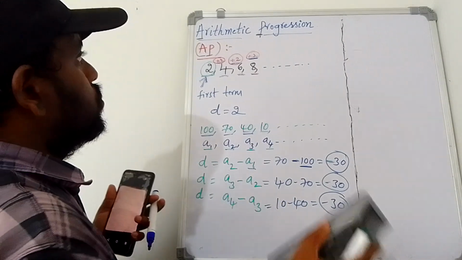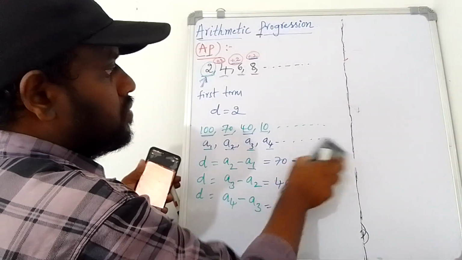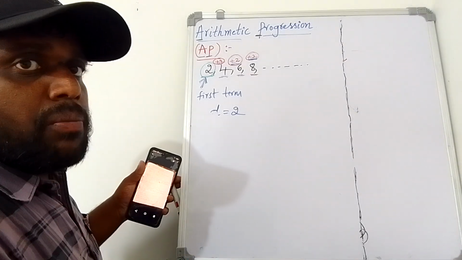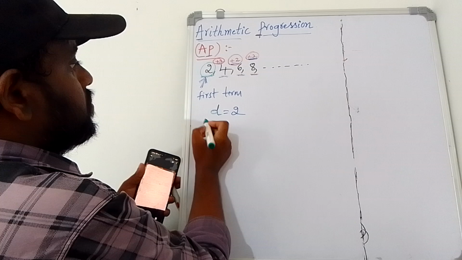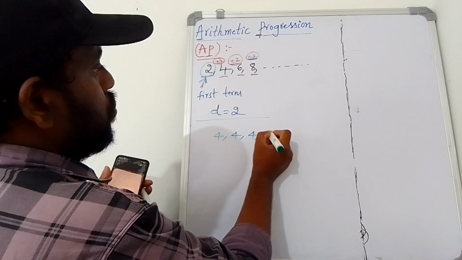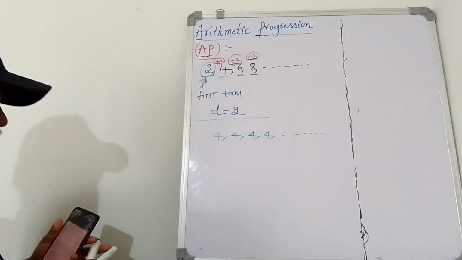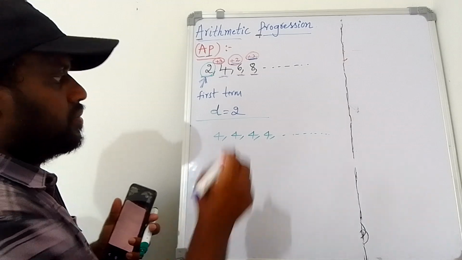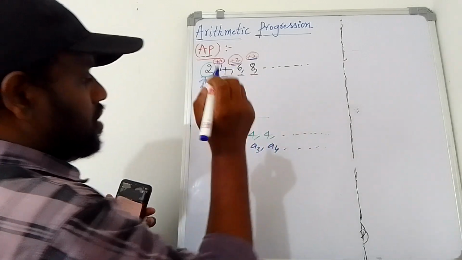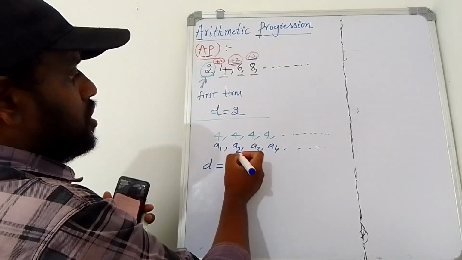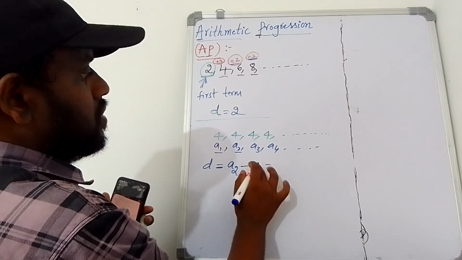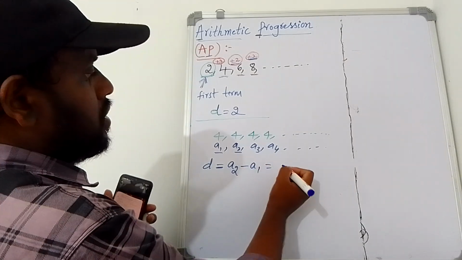I will give an example for 0. 4, 4, 4, 4, etc. See, if you take this as A1, A2, A3, A4, etc., as you have seen, the common difference D is equal to A2 minus A1.